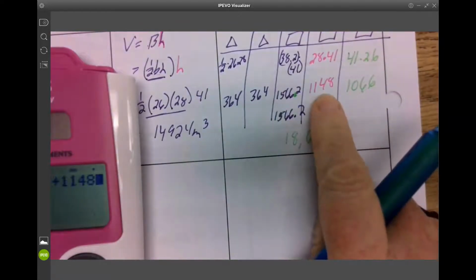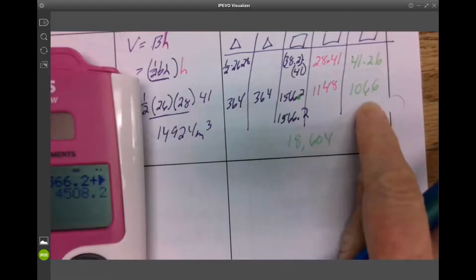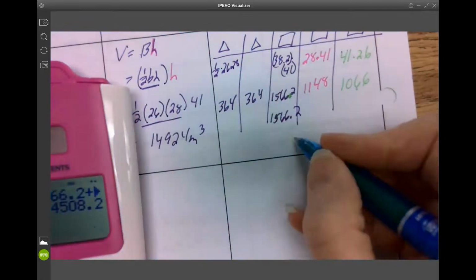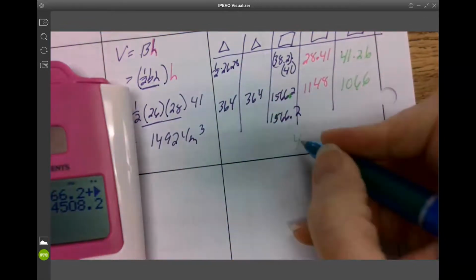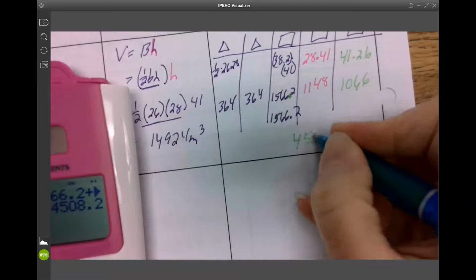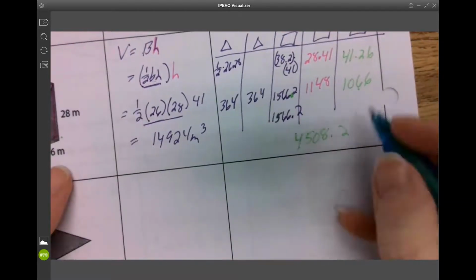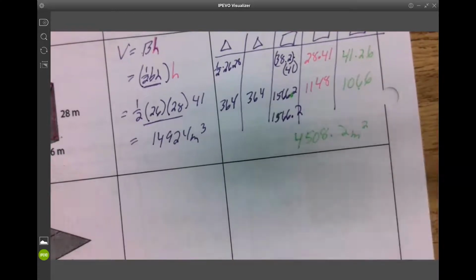I wasn't reading my handwriting. Yeah, that makes way more sense. 4,508.2. And that is meters, and it's area, so it's squared.